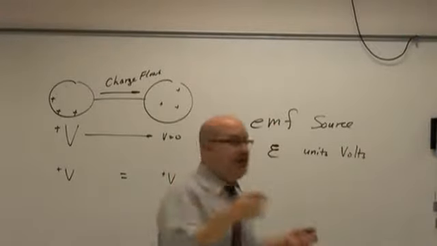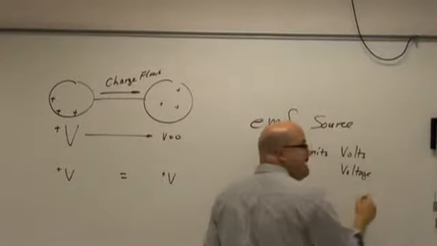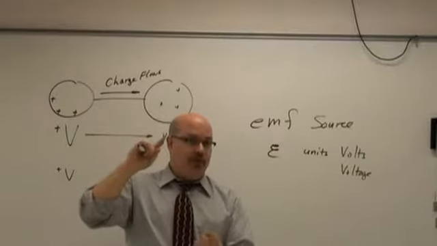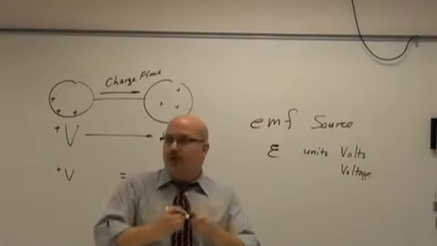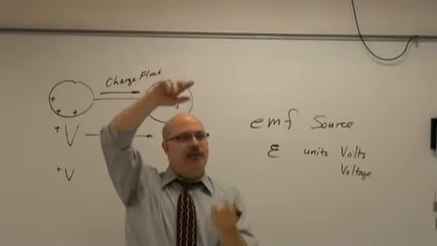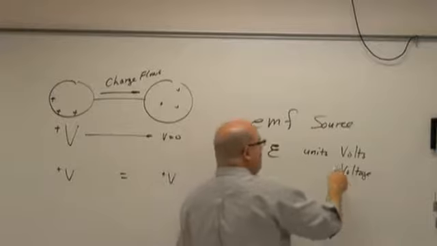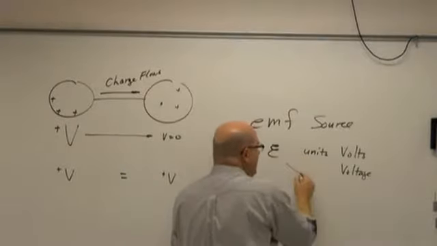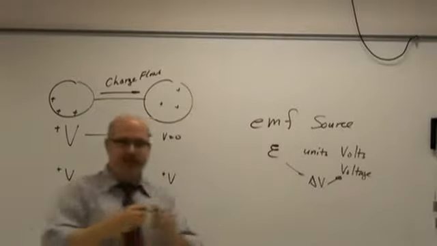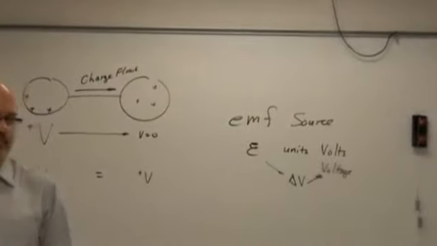Technically, voltage means a difference in potential. So an EMF source provides a continuous supply of difference in voltage. Technically, this is a delta V, a potential difference.